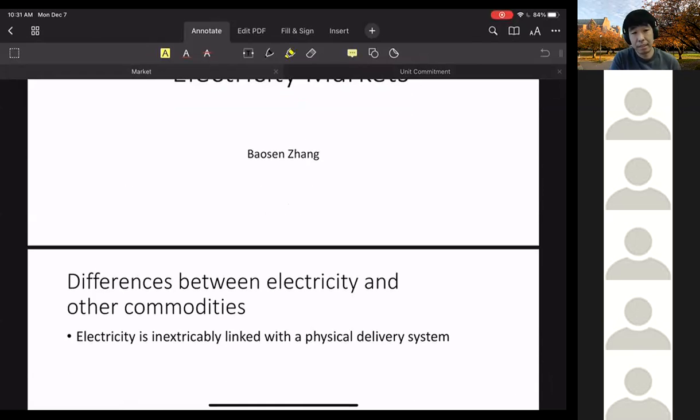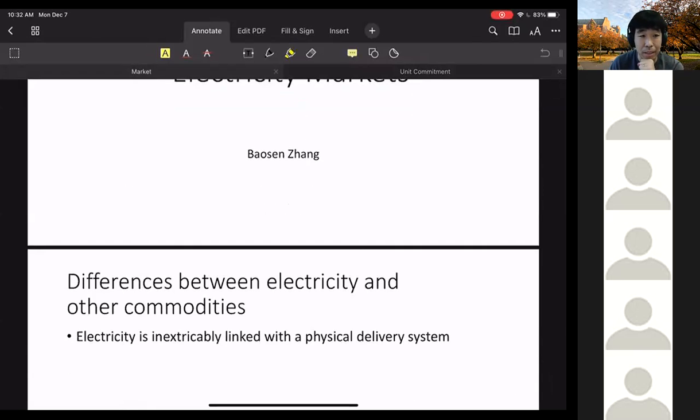Okay, all right, so let's get started, and we're going to look at the electricity markets. Electricity markets is actually quite a strange market. This is not common, to have a market like the electricity market.